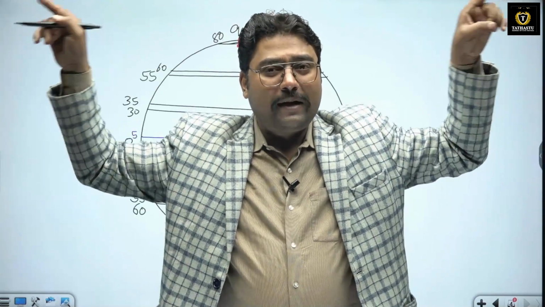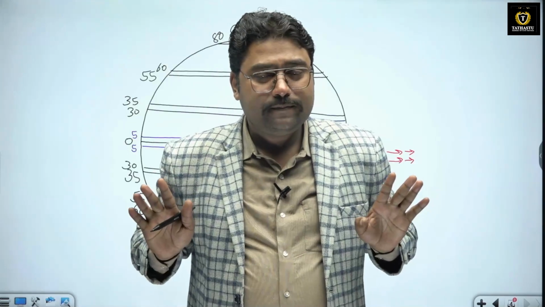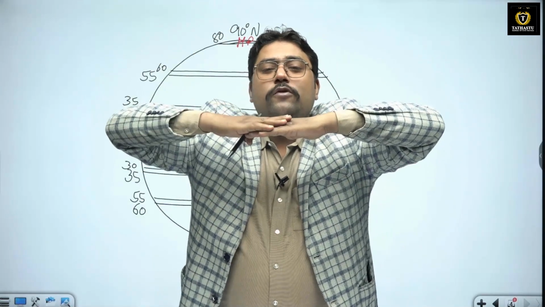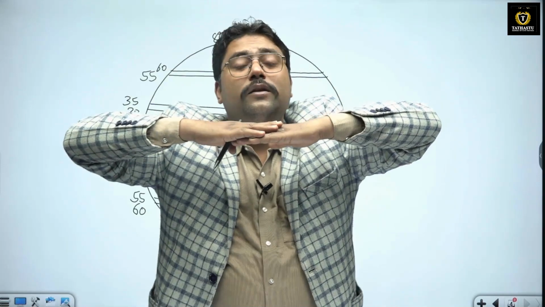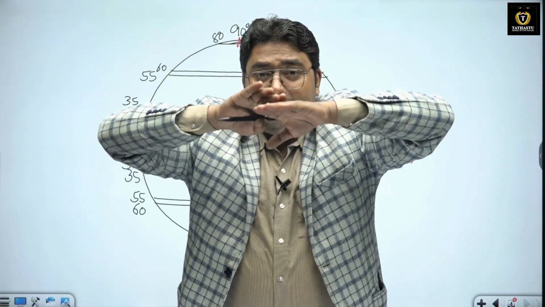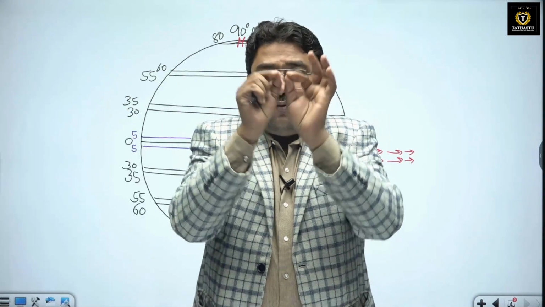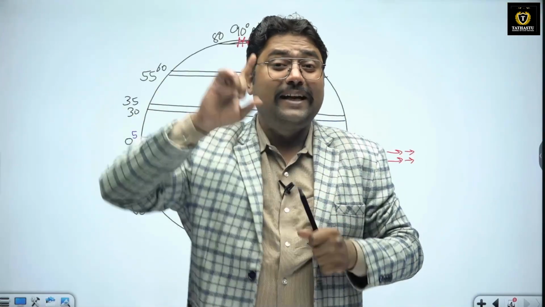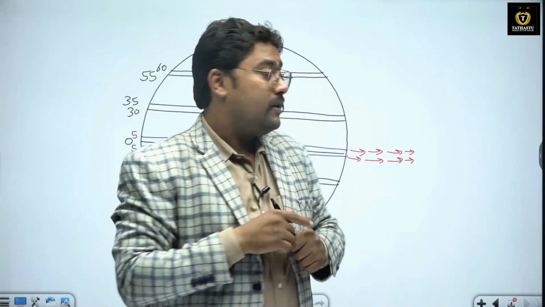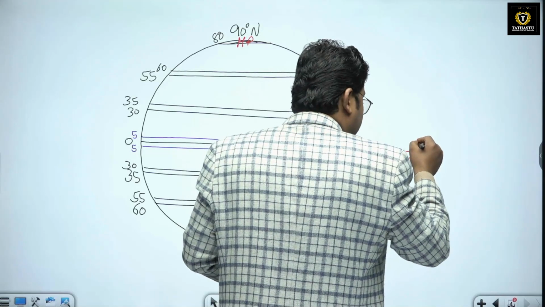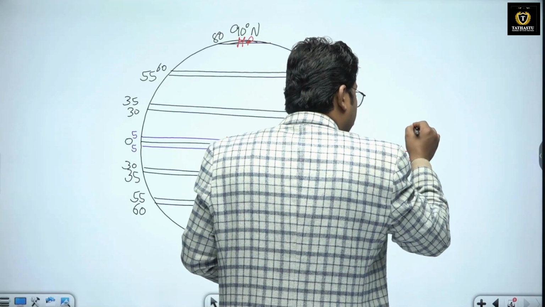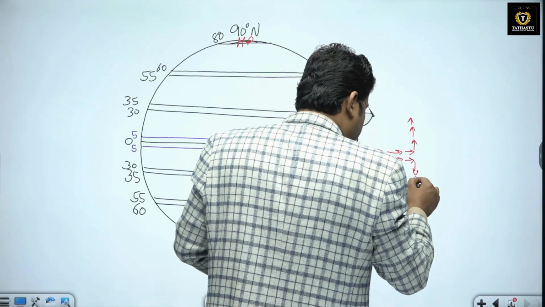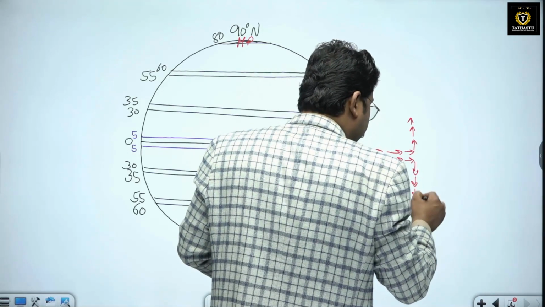So in upper atmosphere there will be low pressure. So when the air will reach the tropopause of equatorial belt, it will create high pressure and move towards the polar low pressure which is created in the upper atmosphere. Means either they are going to deflect towards north or towards south.